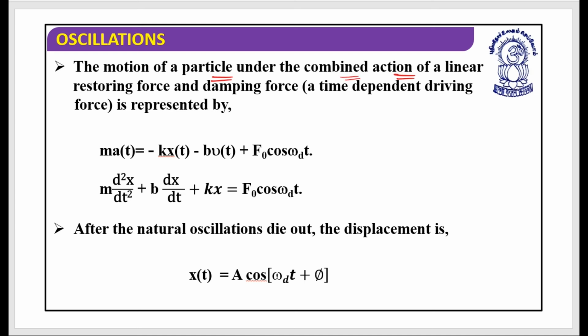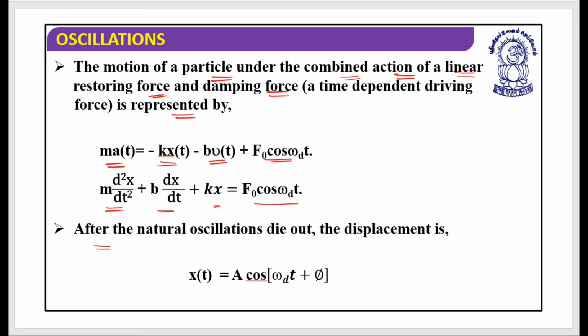The motion of a particle under the combined action of a linear restoring force and a time-dependent damping force is represented by the total force. It's ma. Another force is the restoring force, minus kx. The damping force is minus bv, and this additional force equals F naught cos omega d t. So m into d square x by dt square plus b into dx by dt plus kx equals F naught cos omega d t.